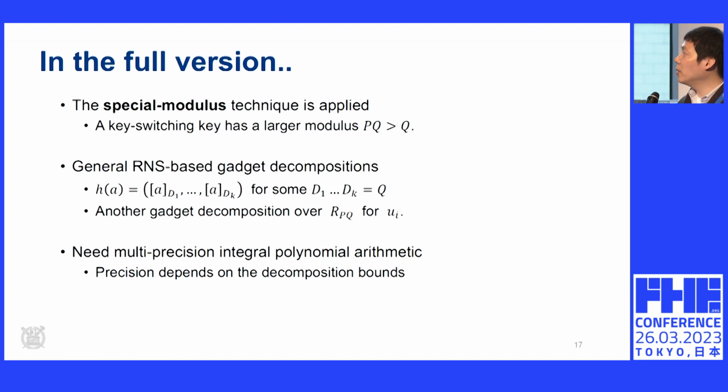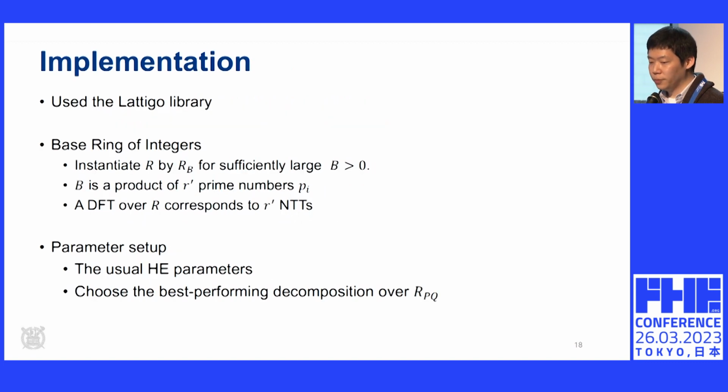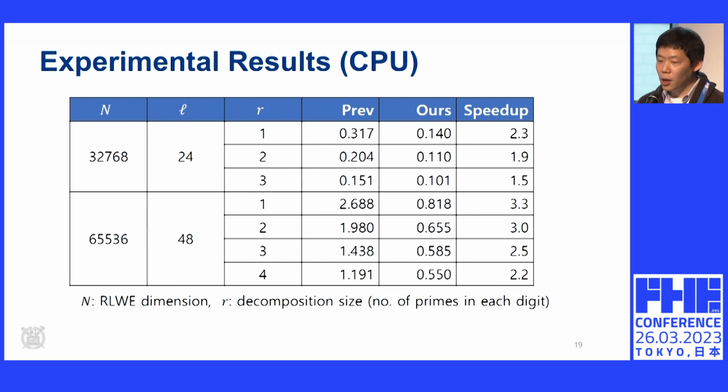And we definitely need a multi-precision integral polynomial arithmetic, but its precision upper bound depends on the bound of these decompositions, so it is independent from the ciphertext modulus. We used the Lattigo library to implement our scheme, and when we set parameters, we tried to find optimal parameters to minimize our complexity, and this is the result.